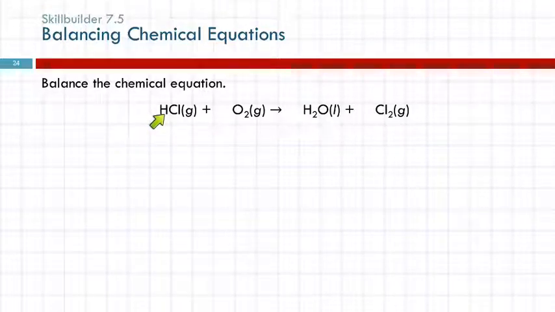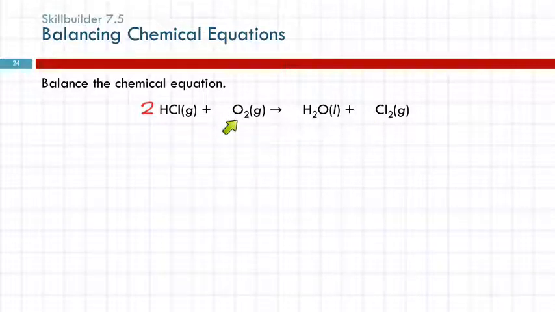So how many H's on the left side of the arrow? 1. And how many H's on the right side? 2. So how do we fix that? Let's put a 2 in front of HCl. I got 2 H's and 2 H's. Let's look at Cl, because it's next. Now I've got 2 Cl's, and how many over here? 2. Oh, that's nice.